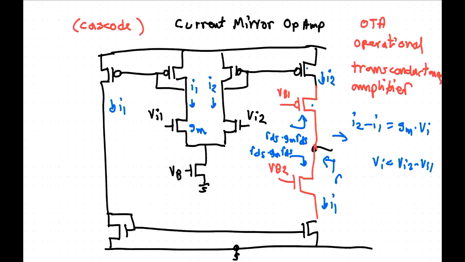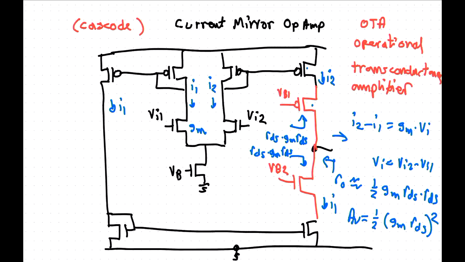So the output resistance is about a half times gm rds times rds. Okay, so you can see that the gain is the current flowing at the output times the output impedance, so it's going to be a half times gm rds squared.